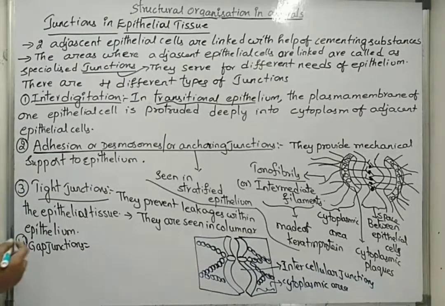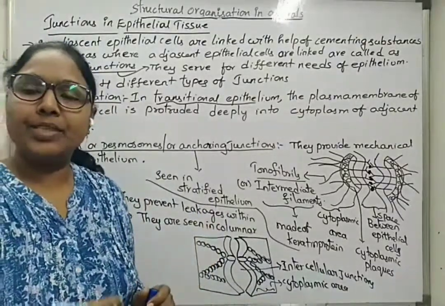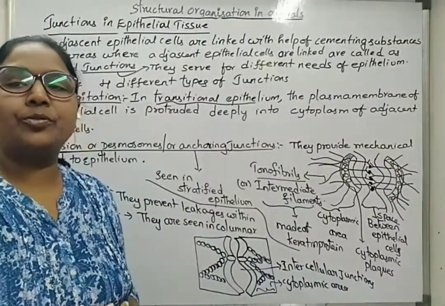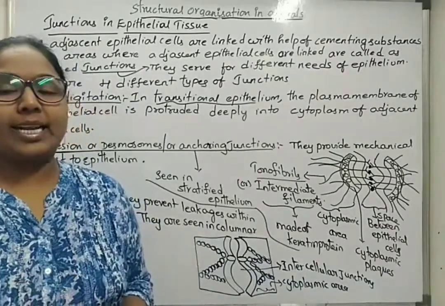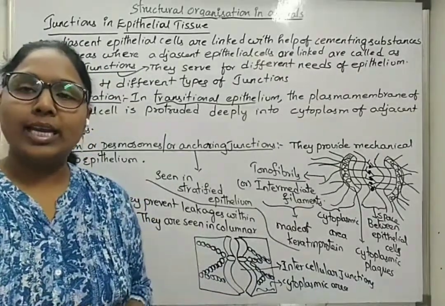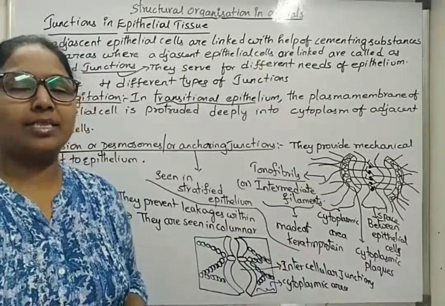Gap junctions are seen in mostly all types of cells along with these other types, but specially we'll read gap junctions which support rapid transportation of ions or elements or minerals and also impulses in cardiac muscles.